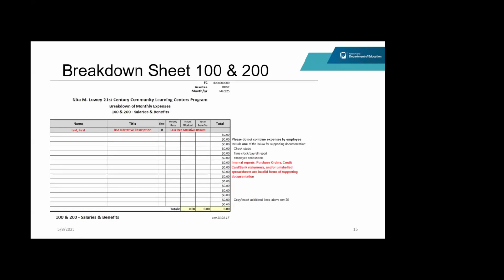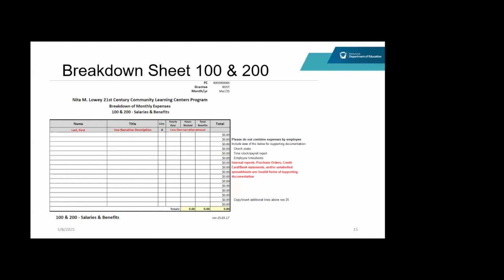The Category 100 sheet lists all individuals that receive a salary or hourly wage from your program. Individuals on this sheet are full-time, part-time, or temporary employees of your program. Each employee must have a name, title, rate, and hours worked. This is compared against all Category 100 entries on your program's budget narrative and the supporting documents.